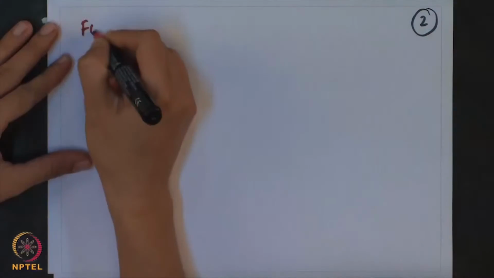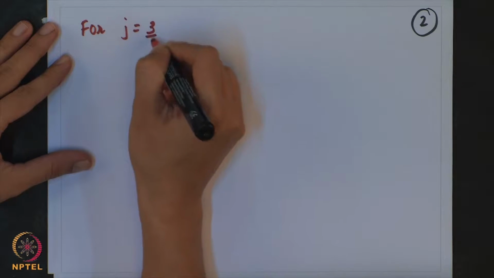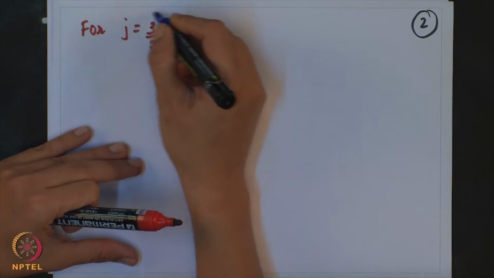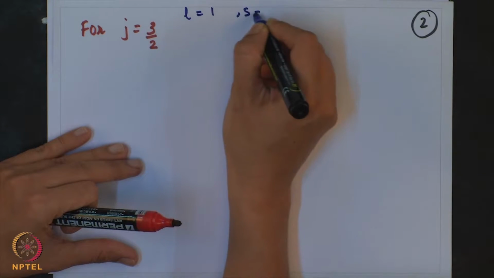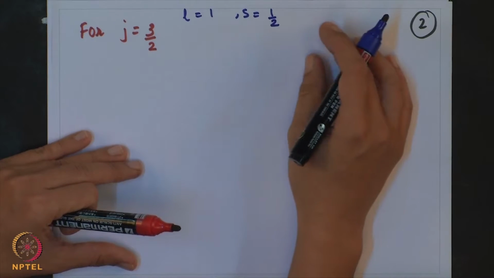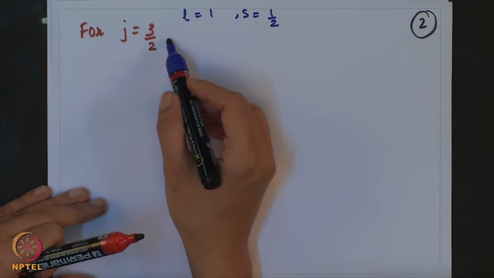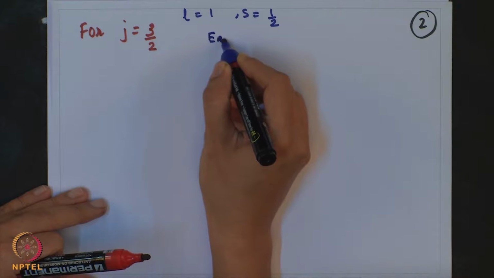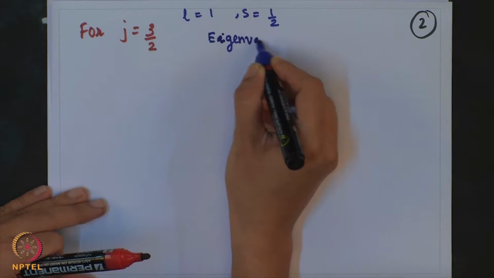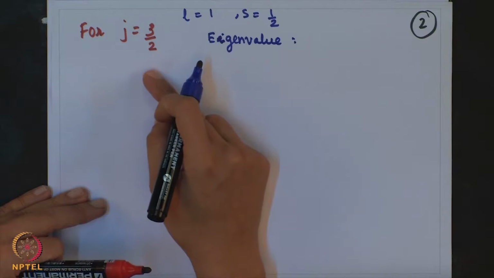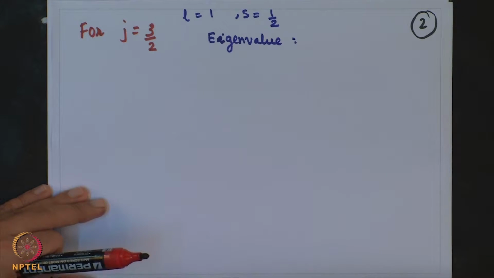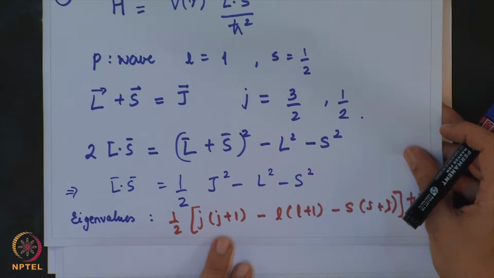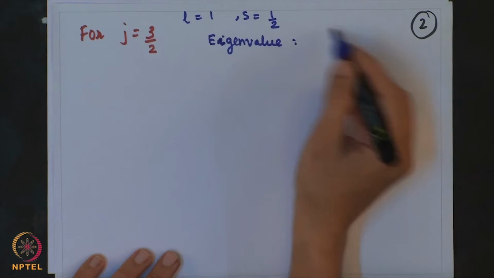So, for J is equal to 3 by 2, we are using L is equal to 1, S is equal to half. For J is equal to 3 by 2, you just evaluate this part, by putting the value of J, L and S, and obtain the eigenvalue.